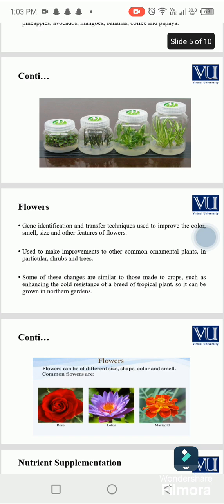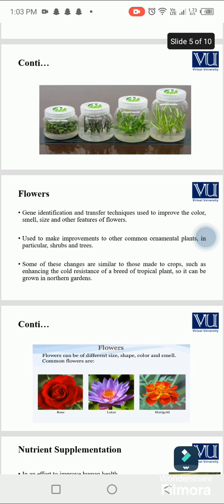Flowers. Gene identification and transfer techniques are used to improve the color, smell, size, and other features of flowers, and to make improvements to other common ornamental plants, in particular shrubs and trees.